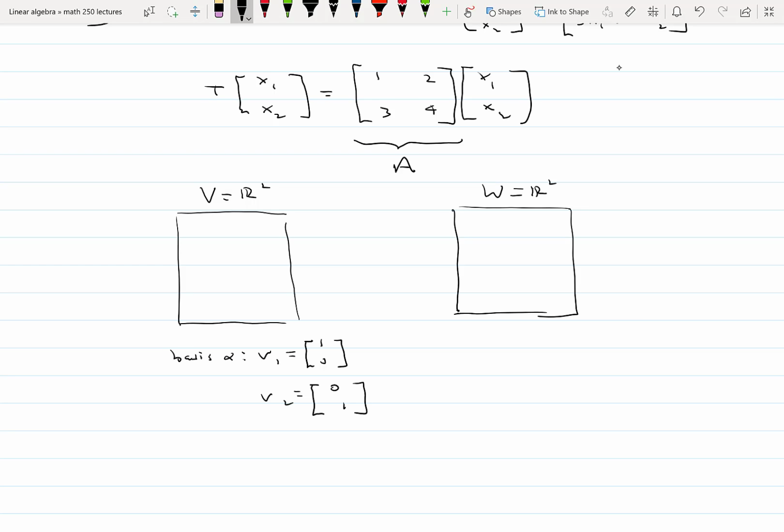And let's say we view the range of this linear transformation, also in R2, as having the same basis. We'll generalize to different bases, but the same basis, alpha, which is W1 equals 1, 0, and W2 equals 0, 1.